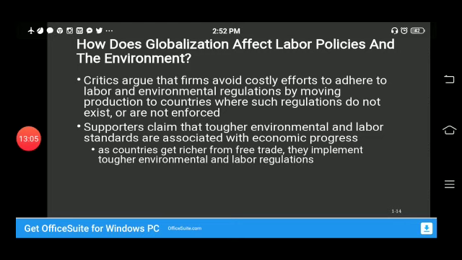Studies support this claim, with the exception of carbon dioxide emissions, which appear to rise along with income levels. Advocates argue that by tying free trade agreements to the implementation of tougher environmental and labor laws, economic growth and globalization can occur together with a decrease in environmental pollution.